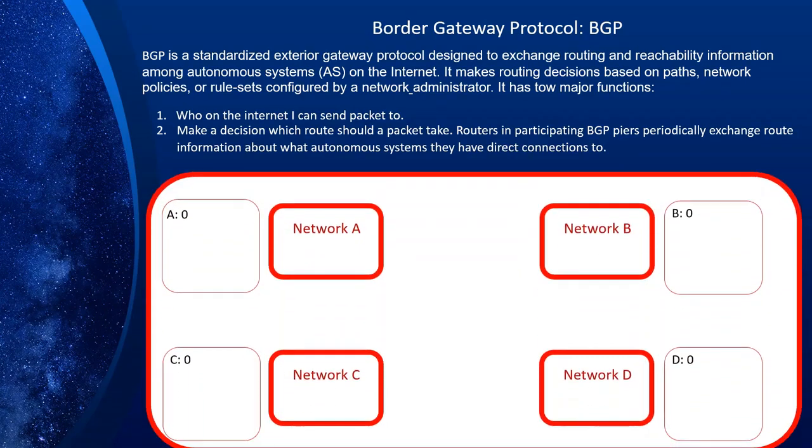This is a very general overview of what BGP is. Obviously in depth, this is a very complicated system, but this is just for our understanding in the context of Kubernetes and Calico. So let's say there are 4 networks that are not connected together yet through BGP, and each network only knows about its own route. So A only knows about A, C only knows about C, and so on.